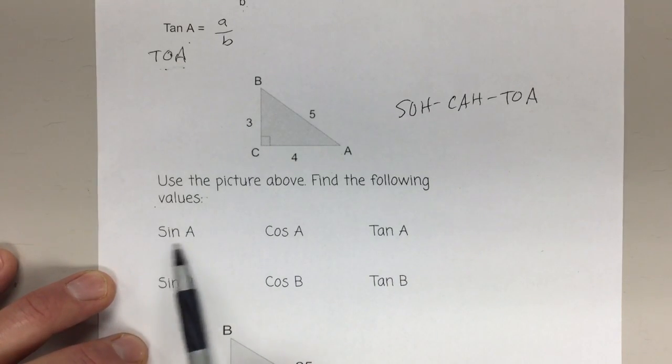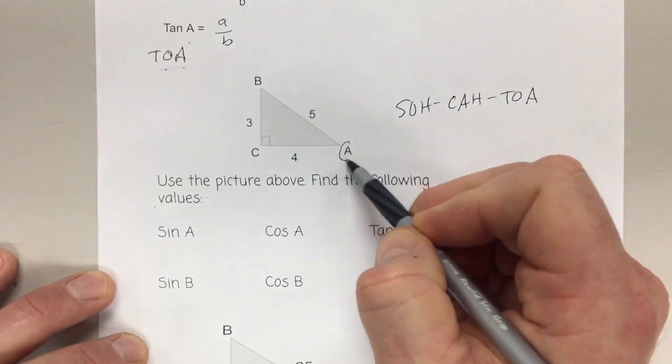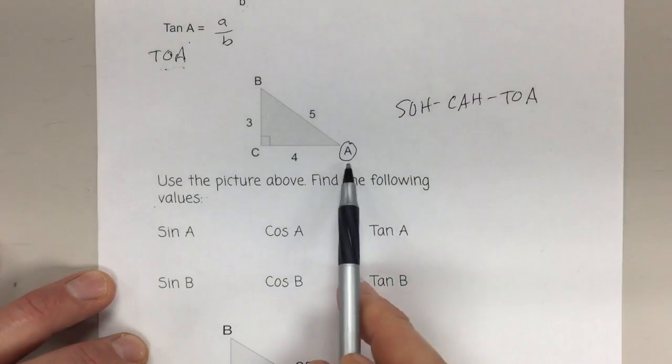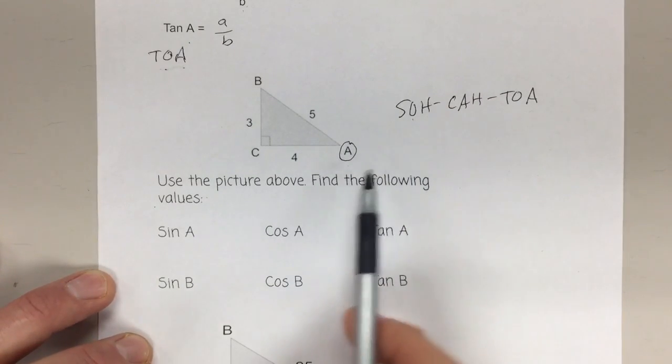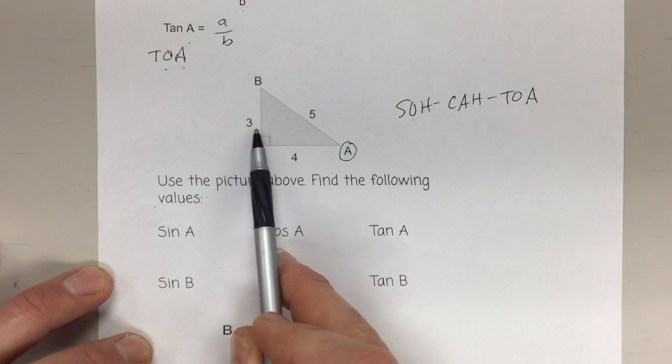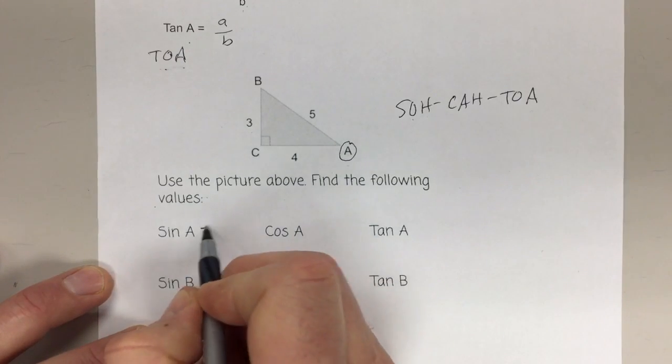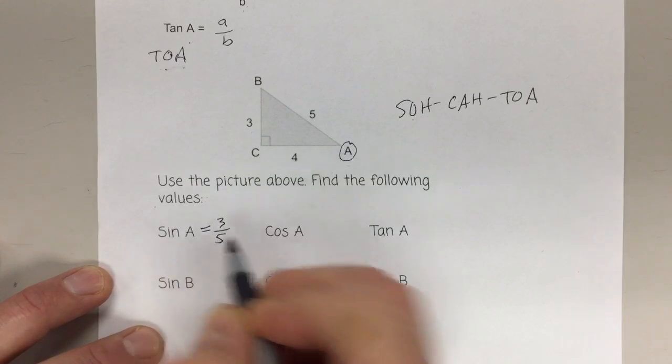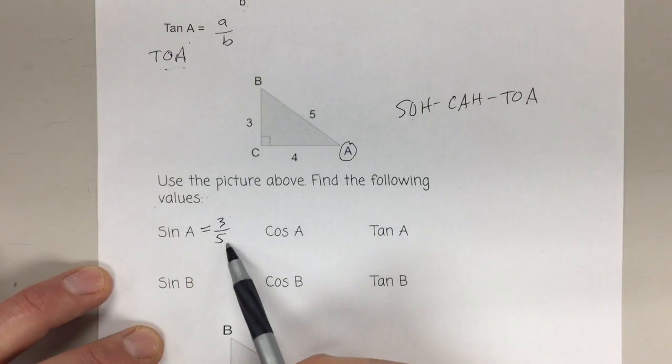So I'm asking first for the sine of A. So imagine yourself standing on the A angle. Sine is opposite over hypotenuse, so the opposite side would be 3, and the hypotenuse would be 5. So the sine of A equals 3/5, opposite over hypotenuse.